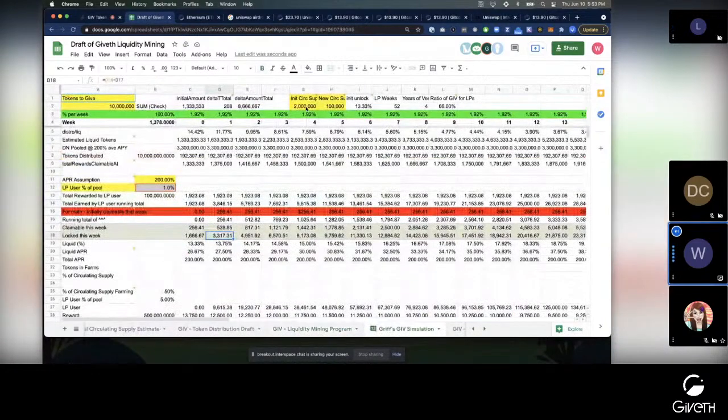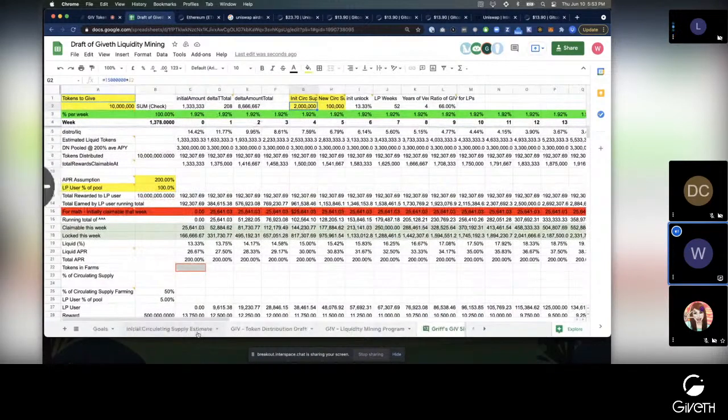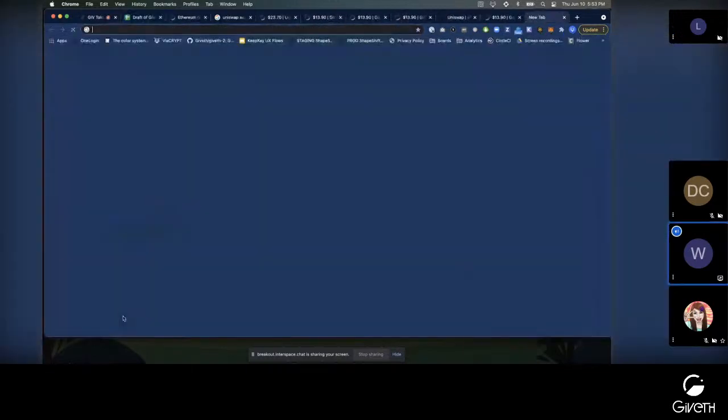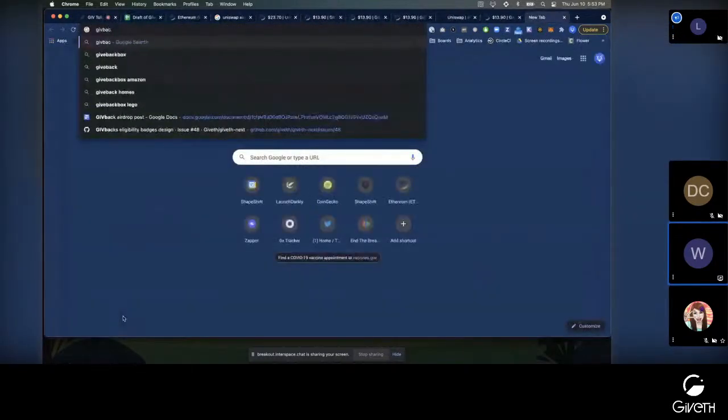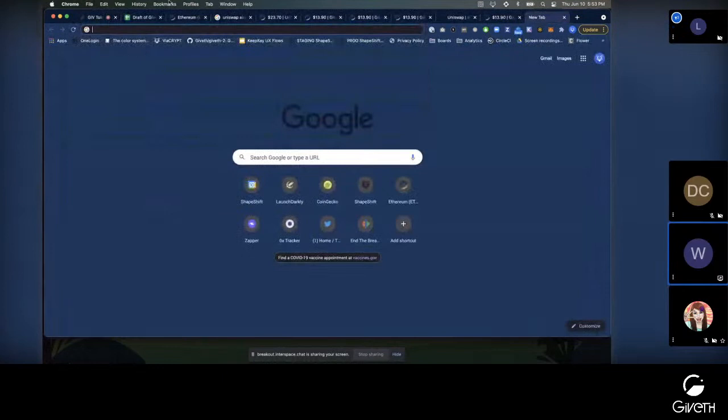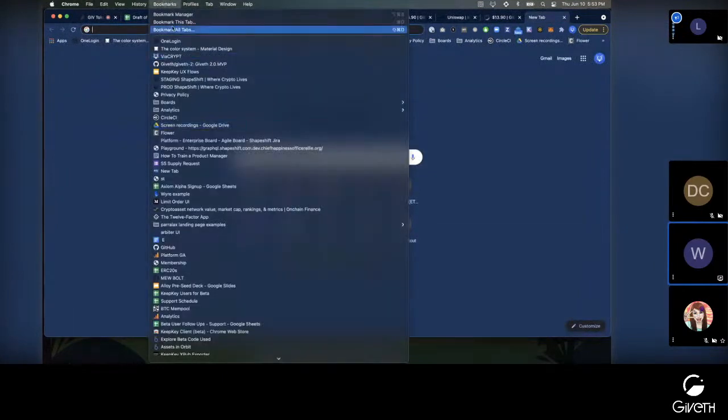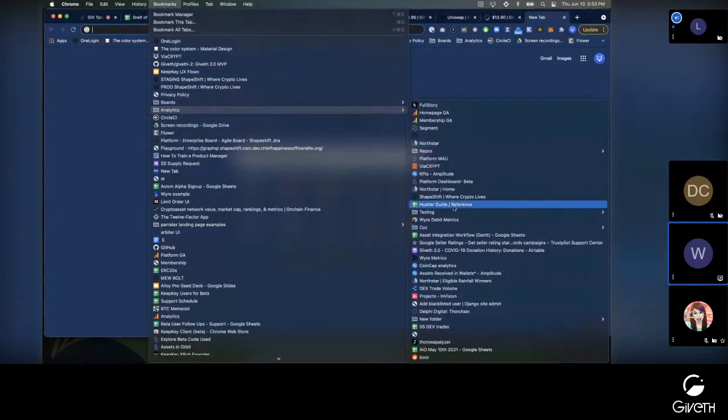We had 2 million. Yeah, but that's not too far off. That's assuming all of the ones that were airdropped were circulating, I think. It was 13.33% of 15 million.